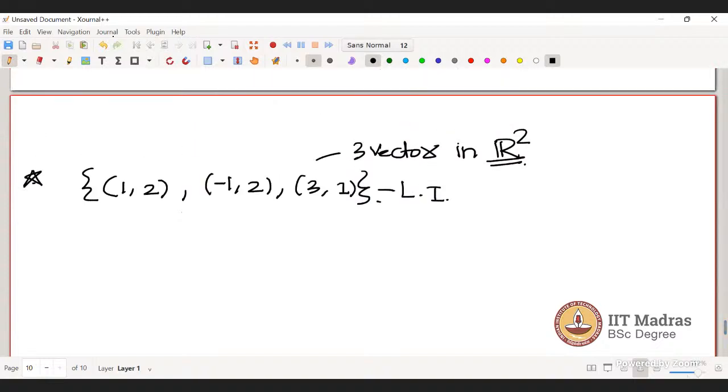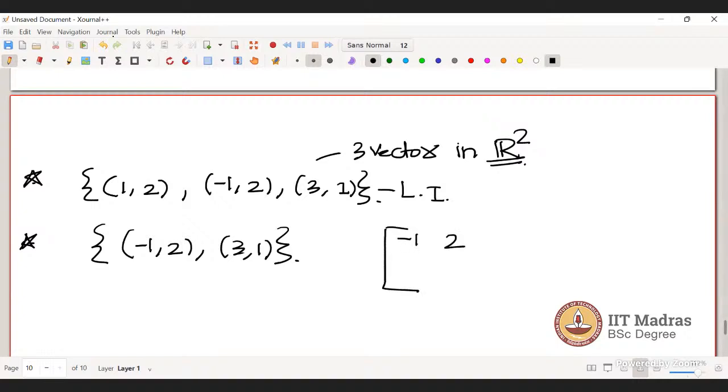Then the second one: whether this set is linearly independent or not. This is linearly independent, because if you form a matrix using these two vectors, the determinant is non-zero, so it has a unique solution.